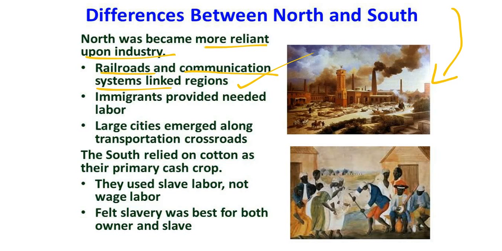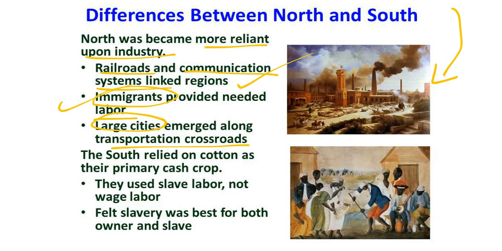Manufacturing was what the economy was based on in the North. Immigrants provided the needed labor, and they were wage earners, so they were paid for their work. And large cities are going to emerge all along these transportation crossroads because people are going to live close to transportation where they can go to and from work, or they want to be near their work.